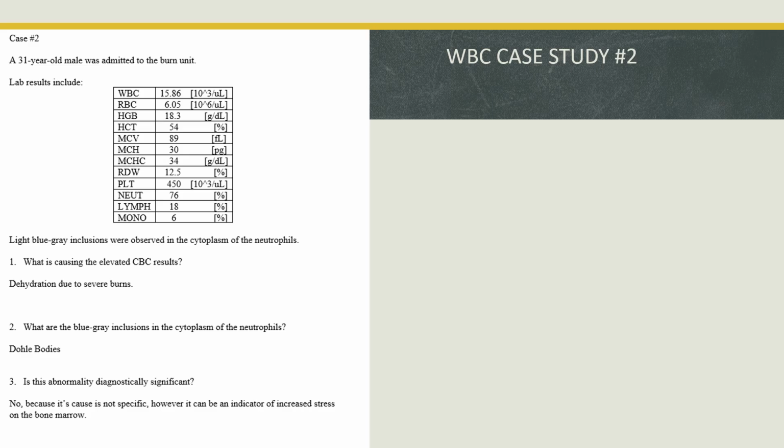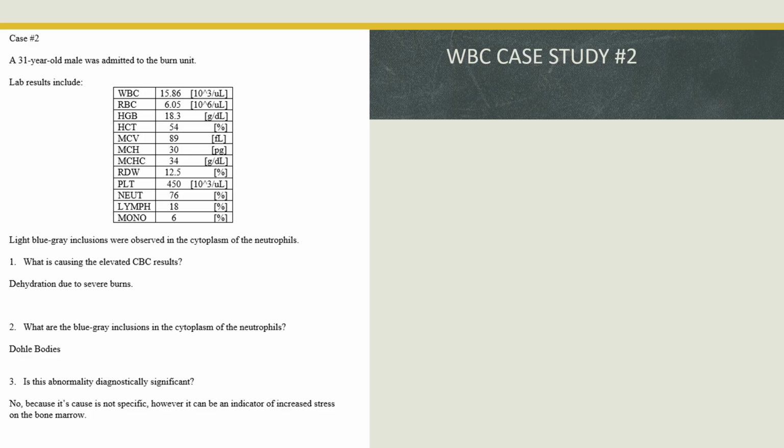So when we think about the sort of things that we've studied that can cause an elevation in all of white blood cells, red blood cells, and platelets, you might be thinking, okay, maybe this guy has a proliferative red blood cell disorder like polycythemia vera. Well, if this patient had polycythemia vera, we would see a much greater increase in the red blood cells, the platelets, and the white blood cells.